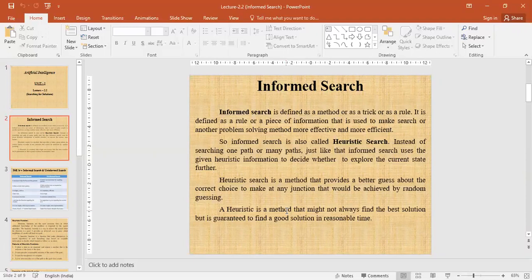Heuristic search is a method that provides a better guess about the correct choice to make at any junction than would be achieved by random guessing. A heuristic is a method that might not always find the best solution but is guaranteed to find a good solution in a reasonable time.